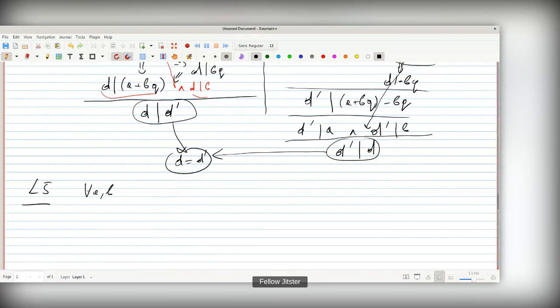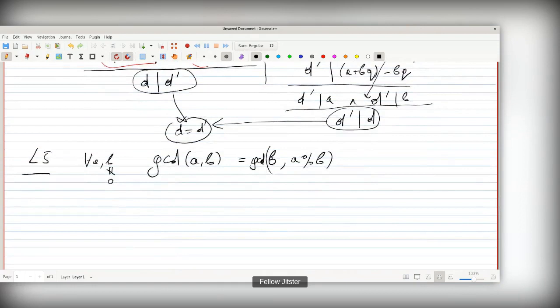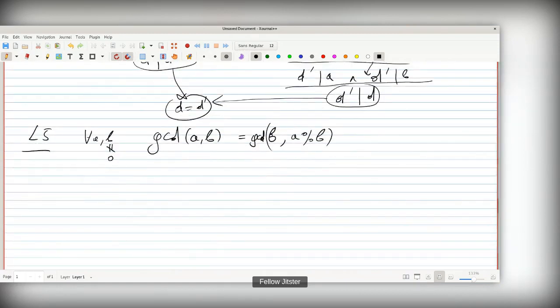For every two numbers a and b, the greatest common divisor of a and b equals the greatest common divisor of b and the remainder after dividing a by b. Of course, this makes sense for non-zero b only. So the greatest common divisor of a and b always equals the greatest common divisor of b and the remainder.